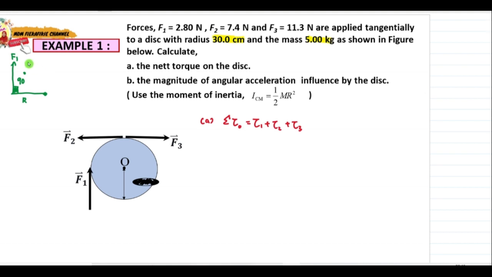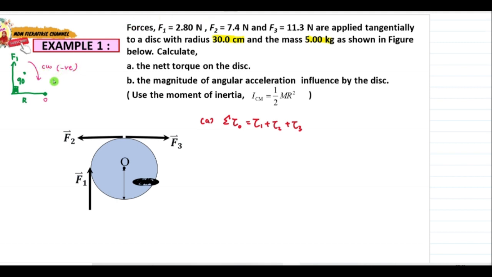So now the direction of torque due to force 1. Okay, kalau kita daripada sini, this is O, pergi sini, naik atas, patah balik ke O, kita nampak the direction is clockwise direction. So in your calculation, when you want to calculate the net torque on the disc, make sure you substitute the negative sign of torque 1.